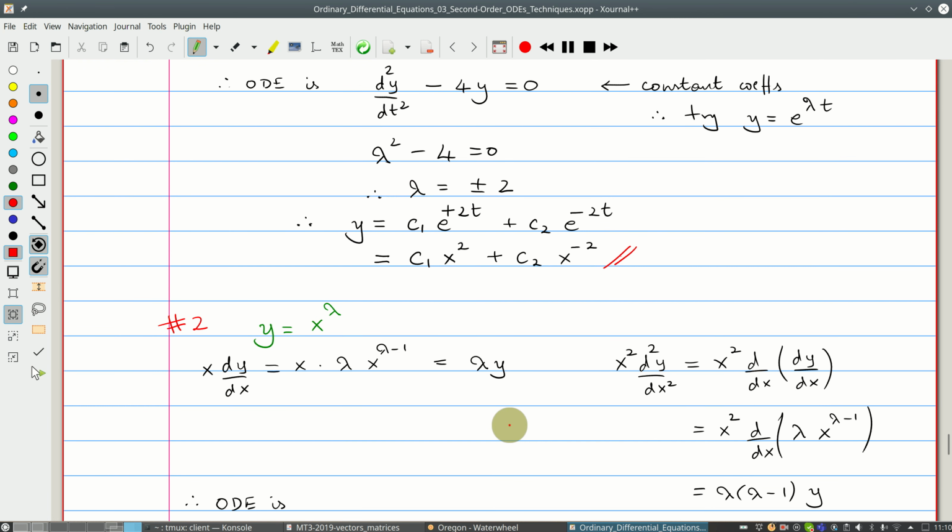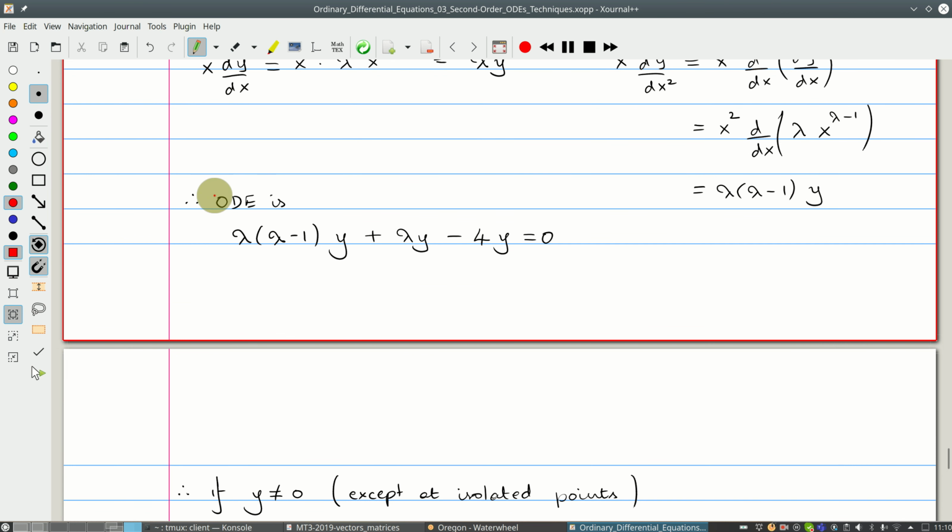Alright, what about the second possibility? I said we can also use the ansatz y is equal to x to the lambda. Well, let's try it. So now x times dy by dx is x times lambda x to the lambda minus 1. That's simply lambda times y. And similarly for x squared, d squared y by dx squared, this is equal to lambda times lambda minus 1 times y.